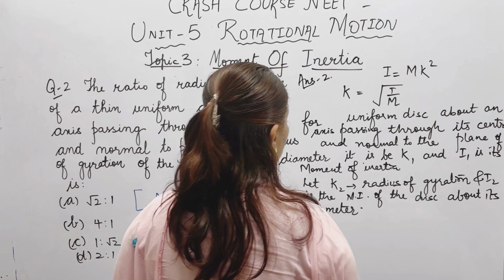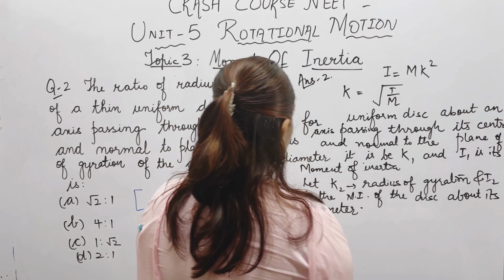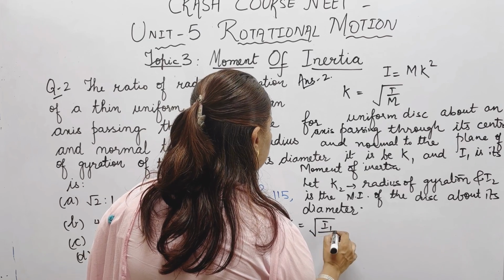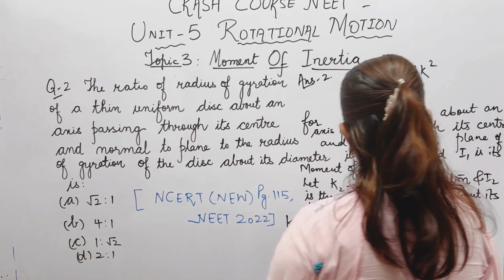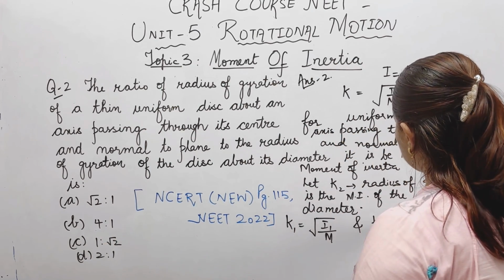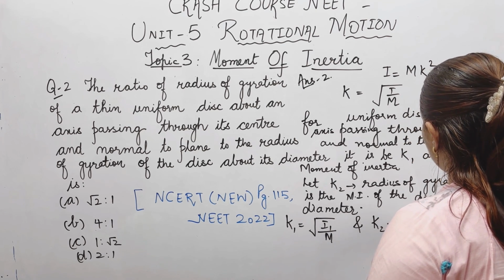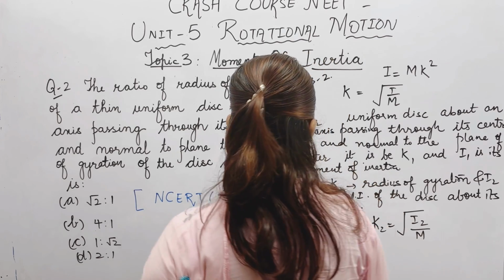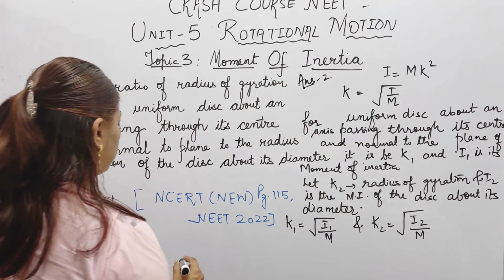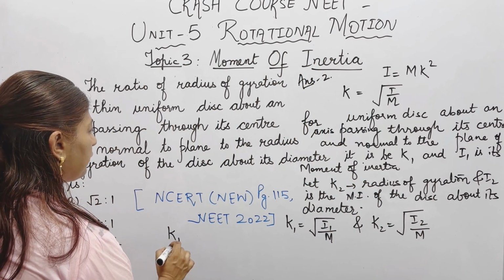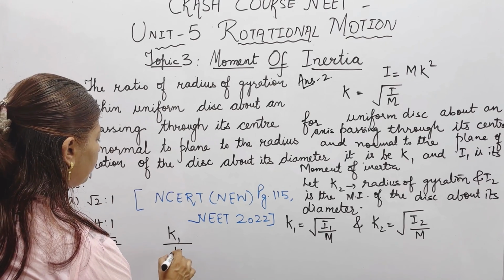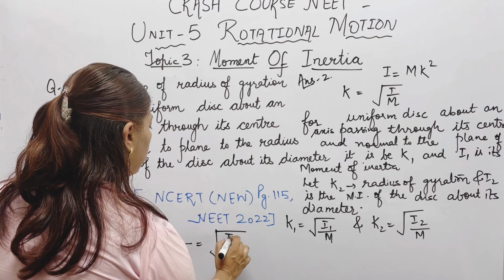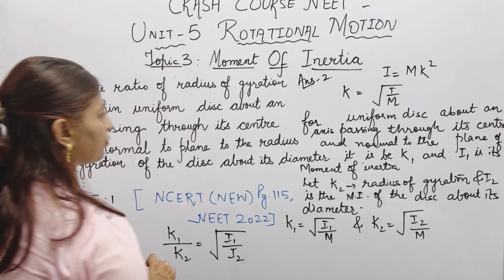So we have K1 is equal to root of I1 upon m, and K2 is equal to root of I2 upon m. Now, taking the ratio of the two, we have K1 upon K2 is equal to root of I1 upon I2.